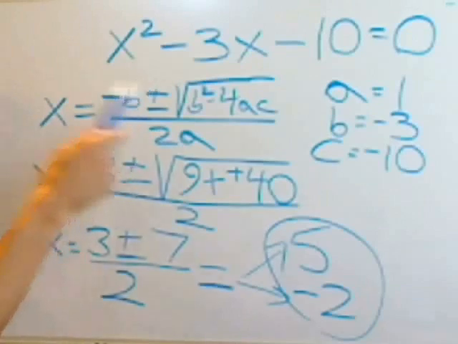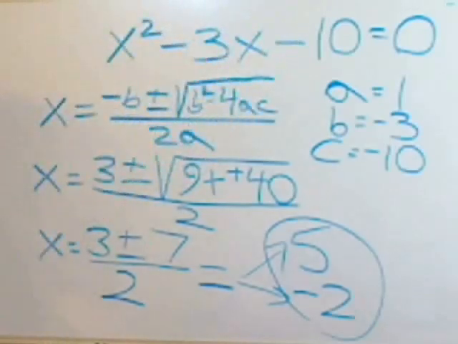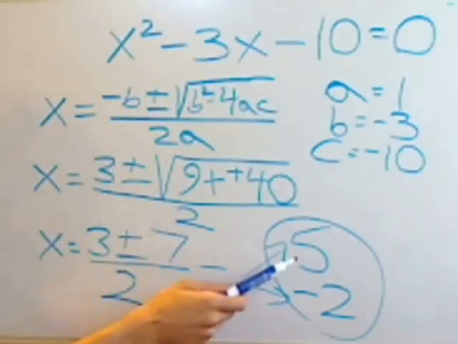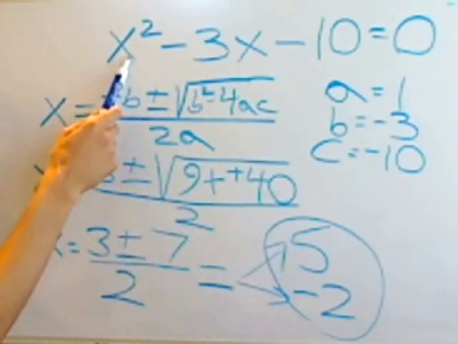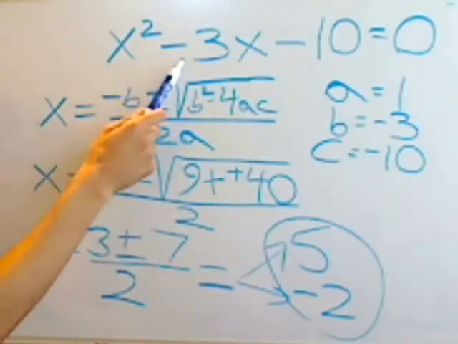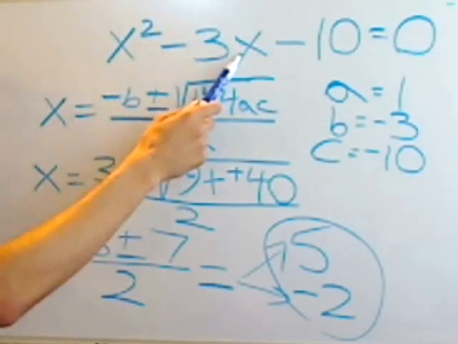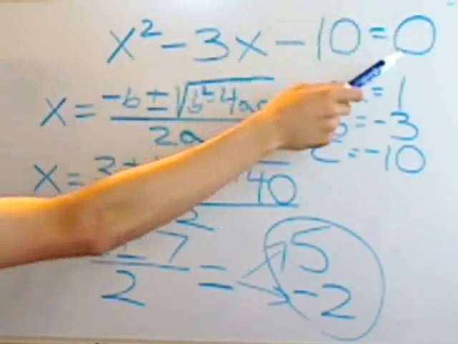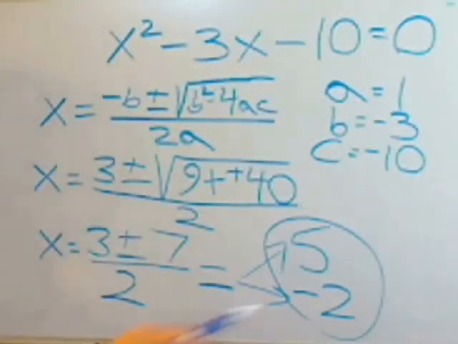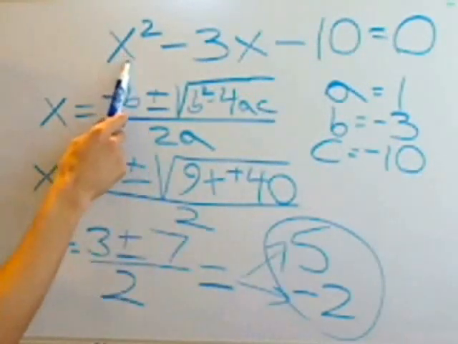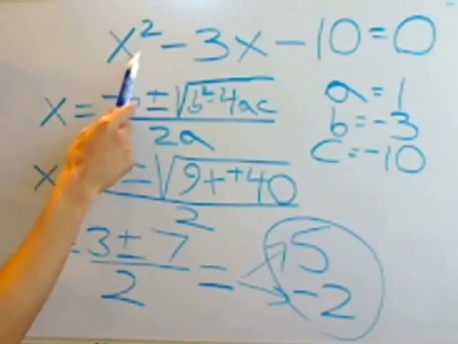And you can plug those back into this equation here, and you'll see that they'll work out. So 5 squared is 25, minus 3 times 5, 15. So 25 minus 15 is 10. Minus 10 is 0. So that works out. And minus 2 squared is 4.